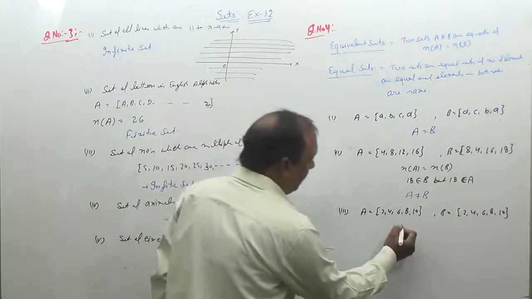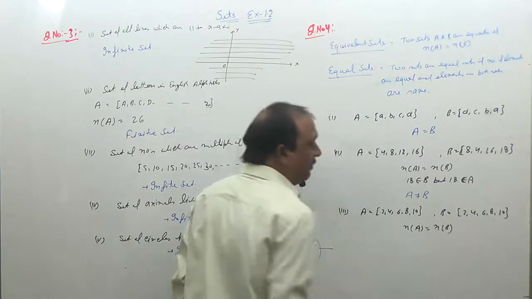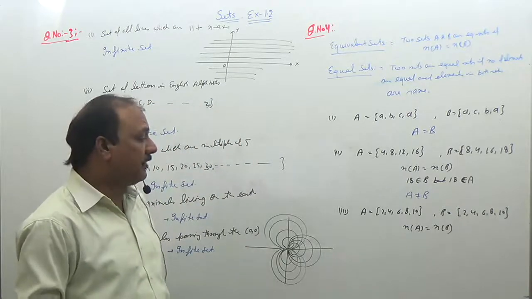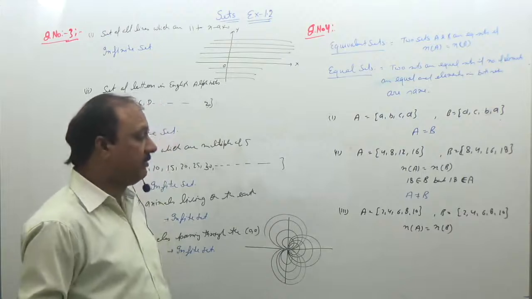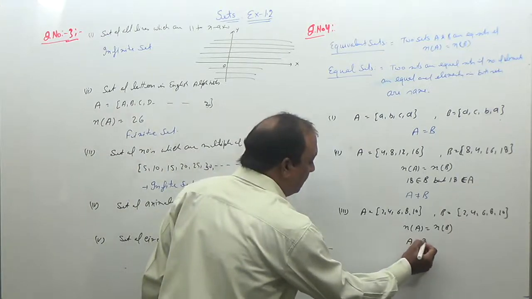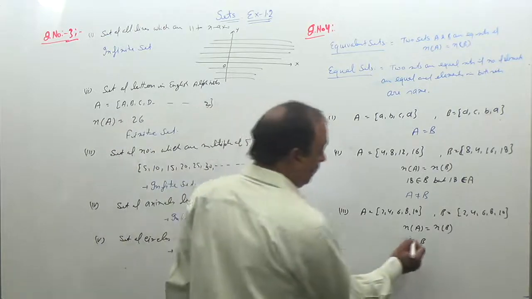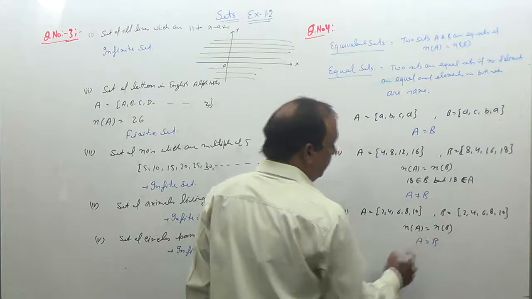So we see that the number of elements in set A is equal to the number of elements in set B, and all members of set A are also members of set B, and all members of set B are also members of set A. So we see that these are two equal sets. तो ये दोनों सेट इक्वल हैं. A is equal to B.